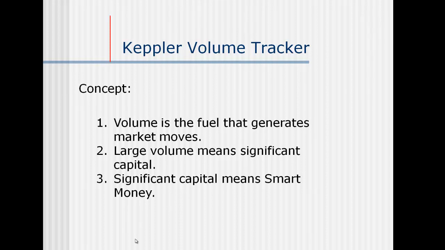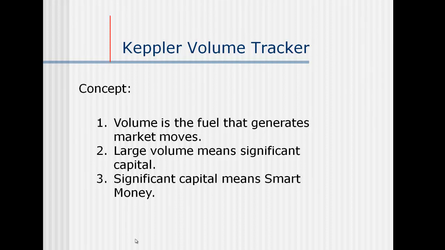And the reason is volume is the fuel that generates market moves. To get a move and to sustain it, a directional move, you need to have volume behind that move to keep it going. Now, why large volume?